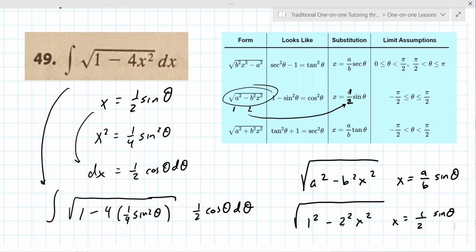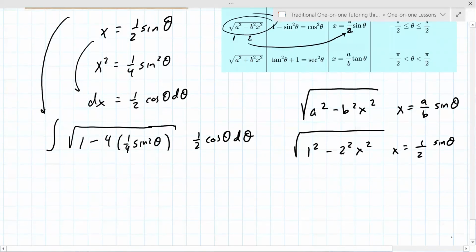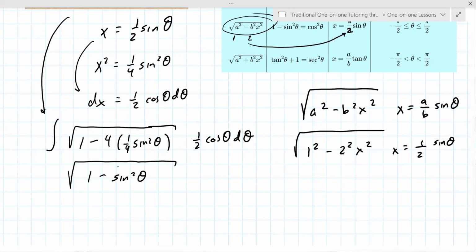Okay. But again, if you didn't do this right, what we're about to see would not work out, because you're going to see that it becomes 1 minus sine squared theta. This has to become something that you can use a trig identity with. That's the whole section, trig identities.